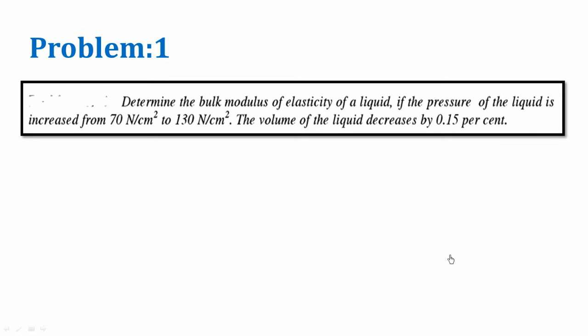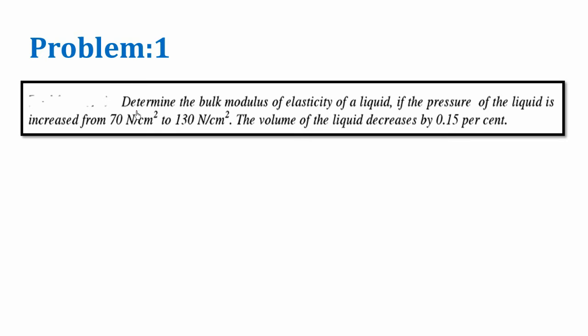Then coming to a problem. Determine the bulk modulus of elasticity of a liquid if the pressure of the liquid is increased from 70 Newton per centimeter square to 130 Newton per centimeter square, and the volume of the liquid decreased by 0.15%.